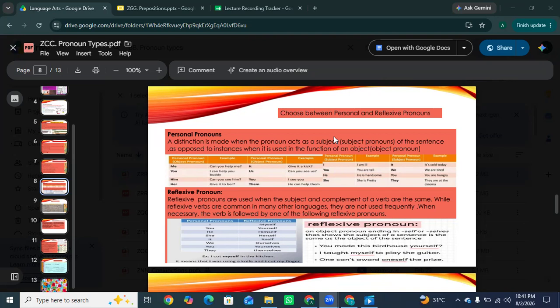And reflexive pronouns. Reflexive pronouns are used when the subject and complement of a verb are the same. While reflexive verbs are common in many other languages, they are not used frequently in English. When necessary, the verb is followed by one of the following reflexive pronouns. Basically, reflexive pronouns end in -self if singular, or -selves if plural. So use a reflexive pronoun when the subject doing the action and the object receiving the action are the same person or thing.